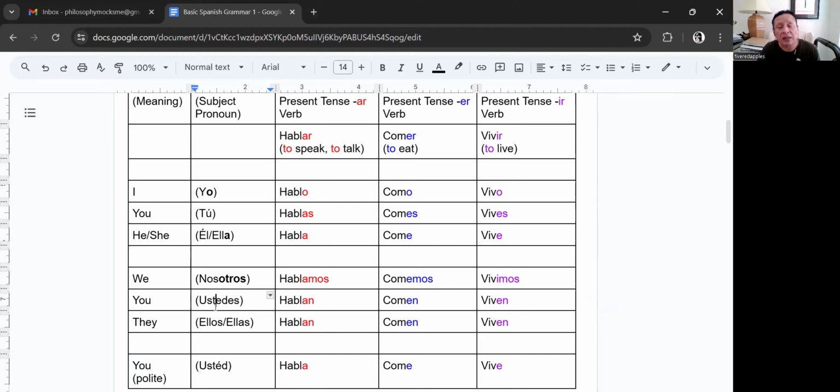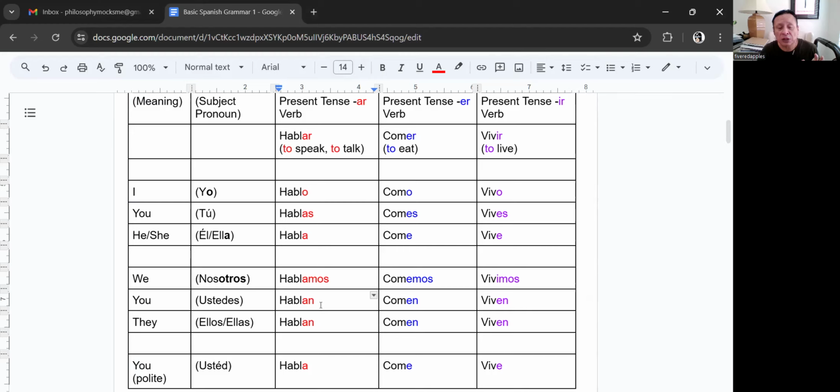In Spain, I think in Argentina, and maybe one or two other countries, they use vosotros. So the predominant number of Spanish speakers use ustedes, and so they would say ustedes hablan, you guys speak. Spaniards will say vosotros habláis, you guys speak.